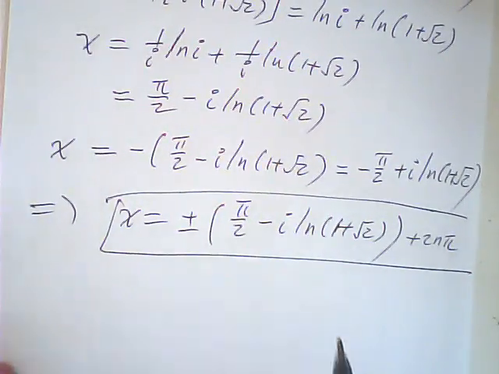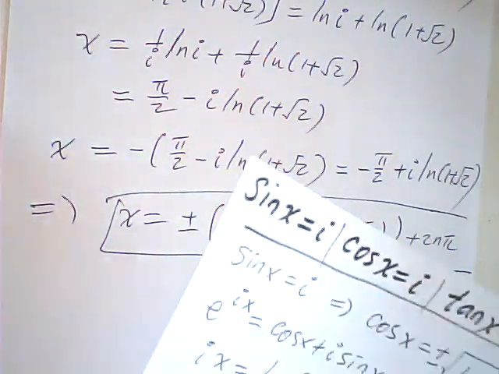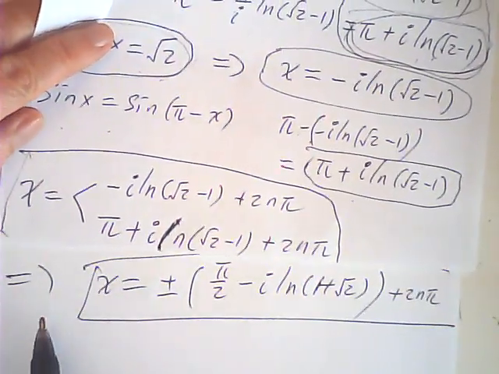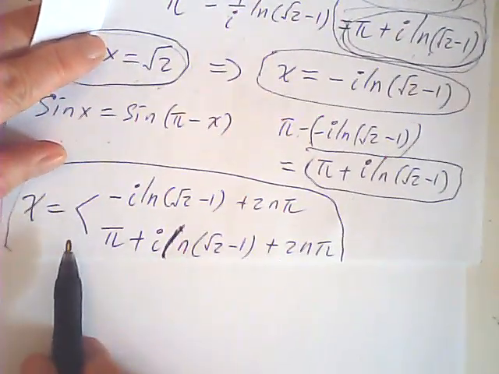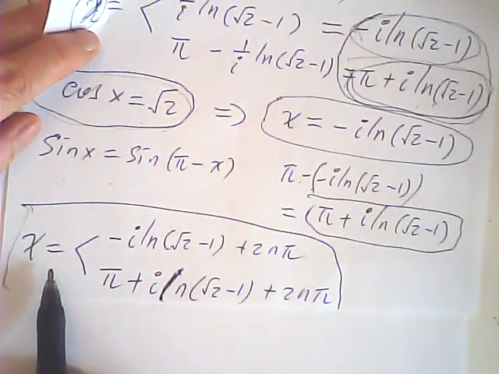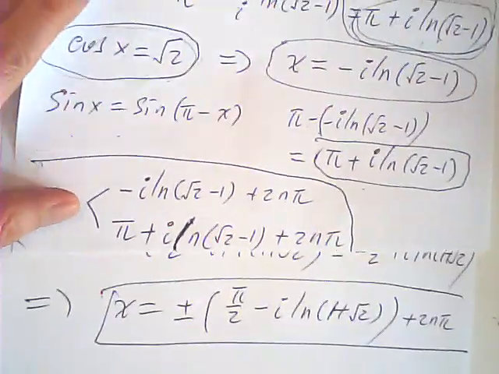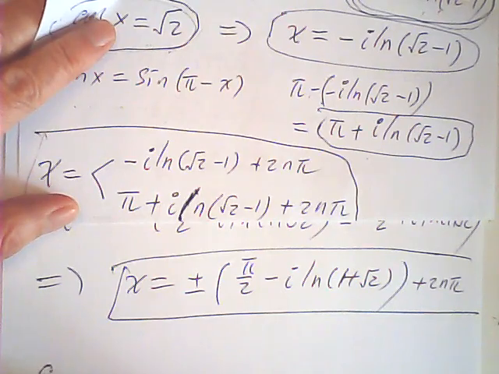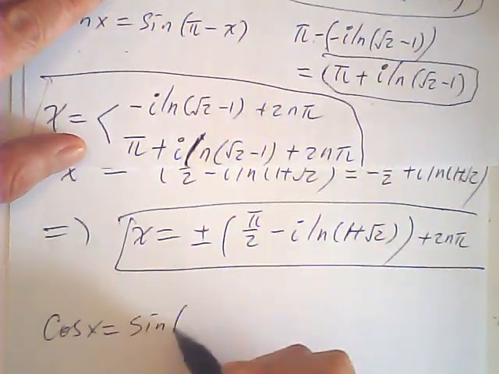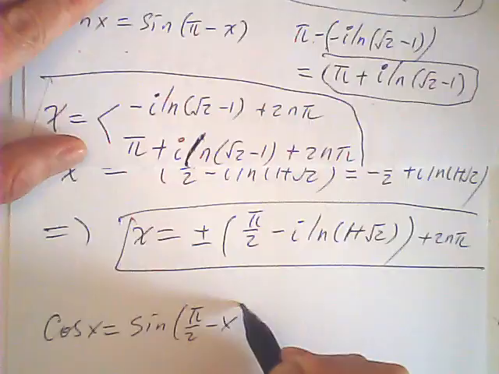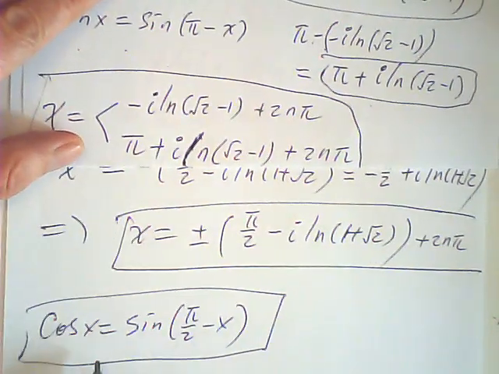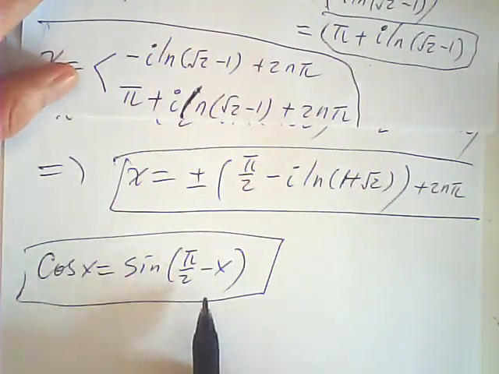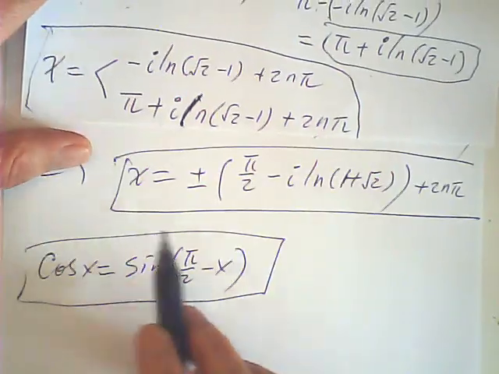Well, if we know sine, this is a solution for sine x, and cosine x is equal to sine of half π minus x, right? Very easy. We just take it away from half π, you get a solution.